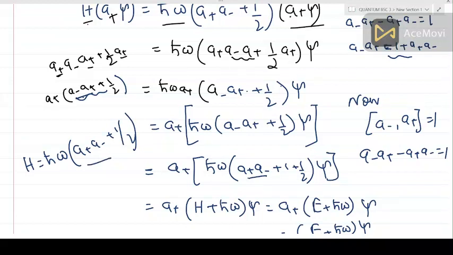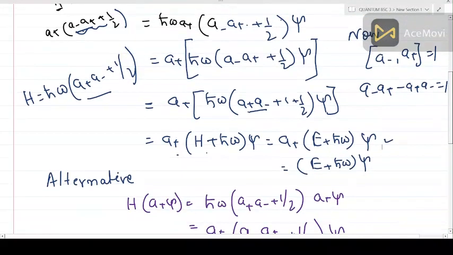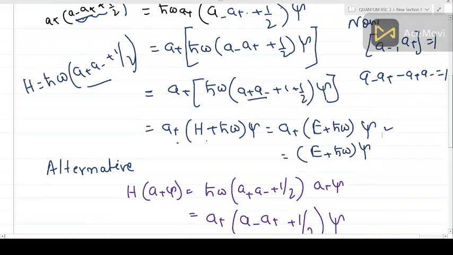So this quantity is the Hamiltonian itself, and there is one extra term. So you can write it as A plus times E plus h bar omega, acting on psi. Hamiltonian is the energy. So what we observe is that operating with A plus once takes you to a new state whose energy is E plus h bar omega.